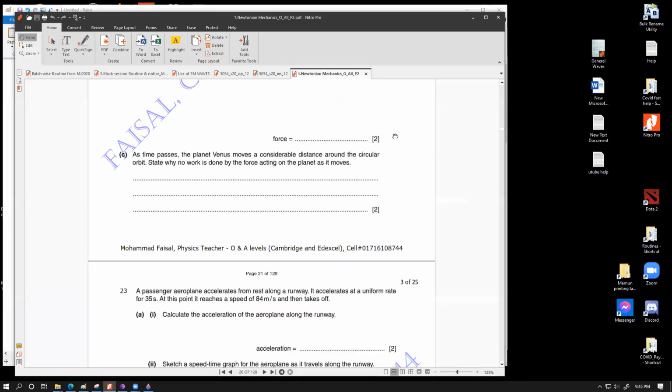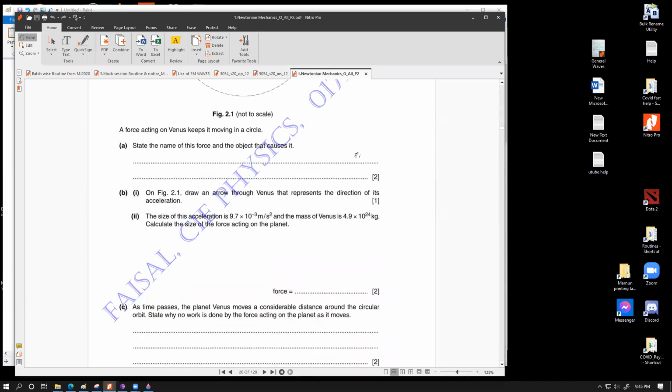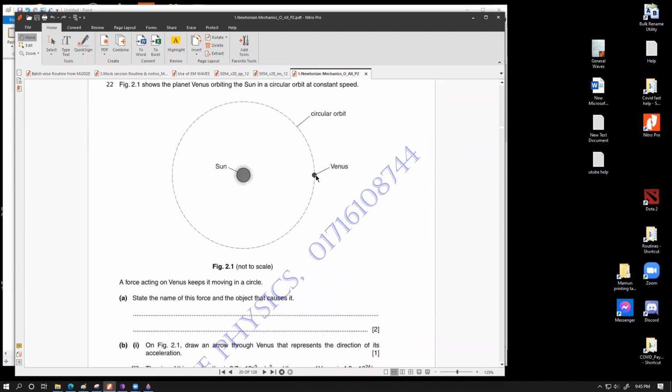If I was writing this as a 2-mark answer, let me see the context. Okay, I would write that the centripetal force working on Venus works towards the sun, which is perpendicular to the velocity of Venus, because no motion is happening in the direction of the force. If motion was happening in the direction of the force, this shouldn't be a circular orbit.